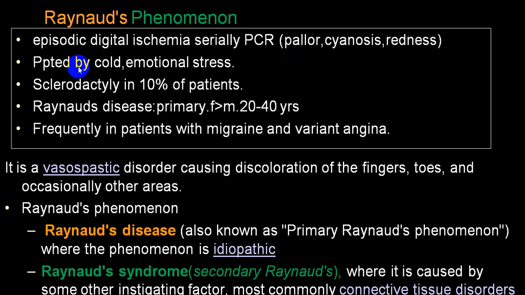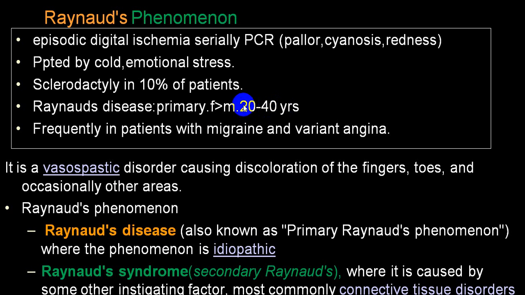It is precipitated by exposure to cold or occasionally by emotional stress. In 10% of the people, the person will have sclerodactyly. It is more common in females as compared to males, and the age is between 20 to 40.